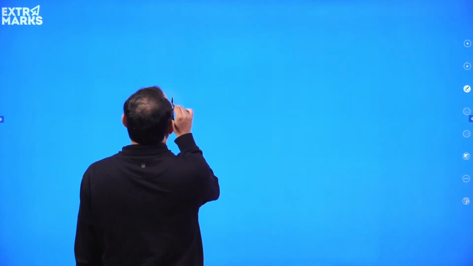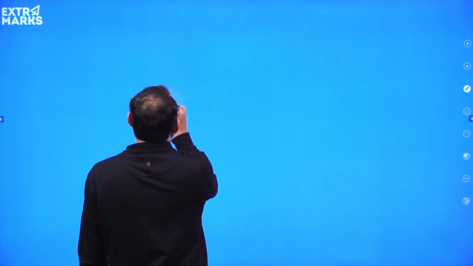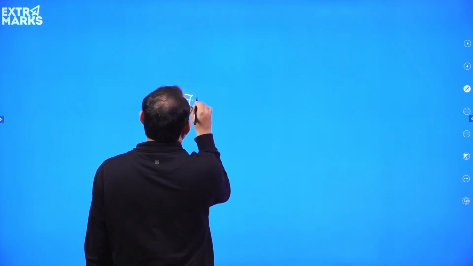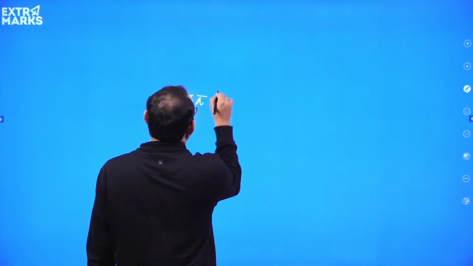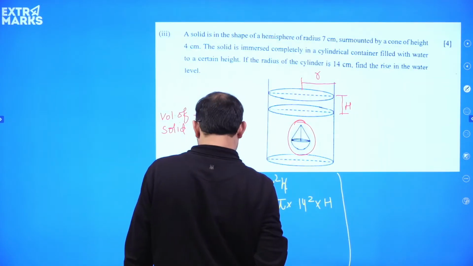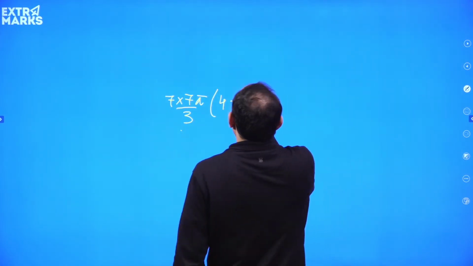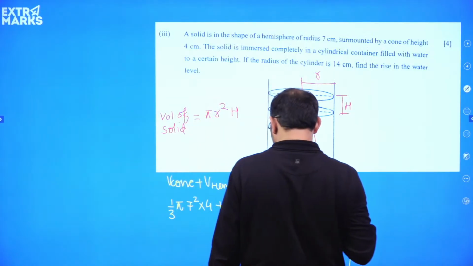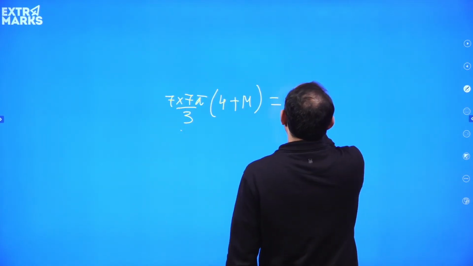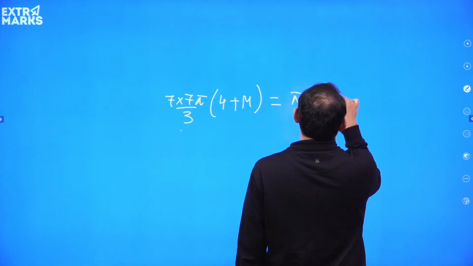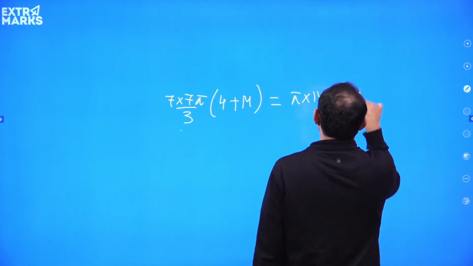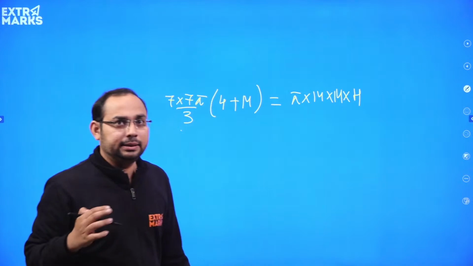Yes. So we have 7 multiplied by 7 multiplied by pi by 3. Inside you have 4 plus 14, and here you have pi multiplied by 14 multiplied by 14 multiplied by h. Pi r square h. Simple as that.